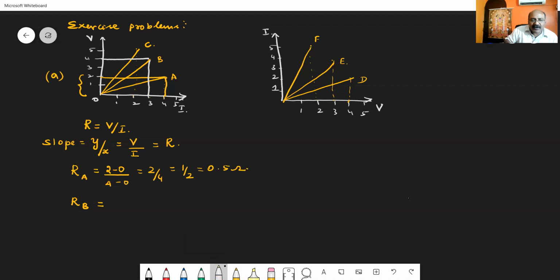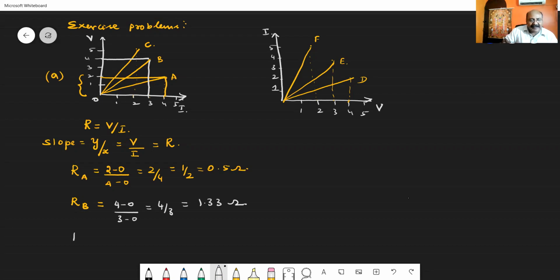So what is the value of RB? The y-intercept 4 minus 0, divided by the x-intercept 3 minus 0. So 4 divided by 3, which is 1.33 ohm. So the resistance of B is 1.33 ohm.